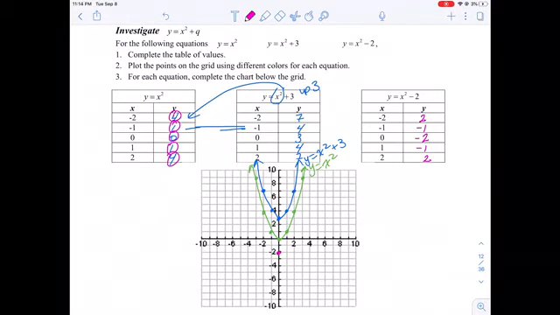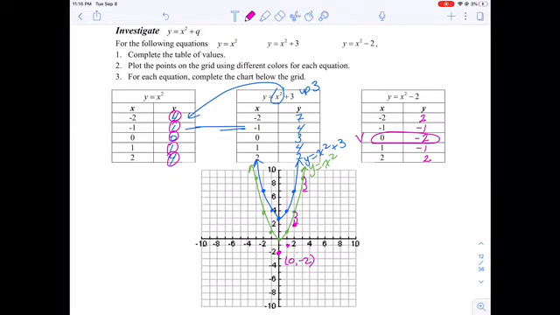Now, if I recognize that 0, negative 2 is my vertex, which it is, I could either move all of these individual points down 2, each individual point, or I can say, well, I know my vertex is here at 0, negative 2, and I'm going to go right 1, up 1, right 2, up 4.